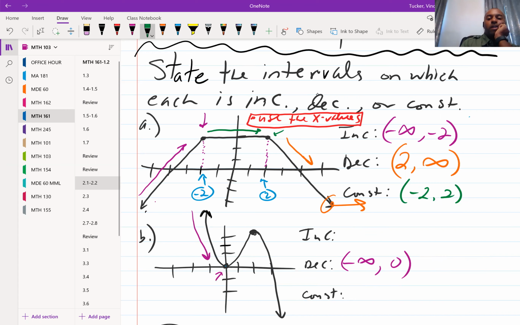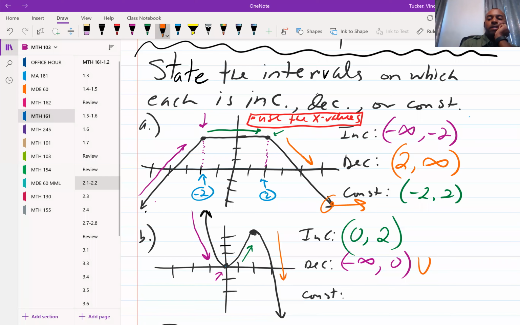Then we're going up. So that's going to be increasing. So it's going from 0 to 2. And we're going down again as it goes to the right.